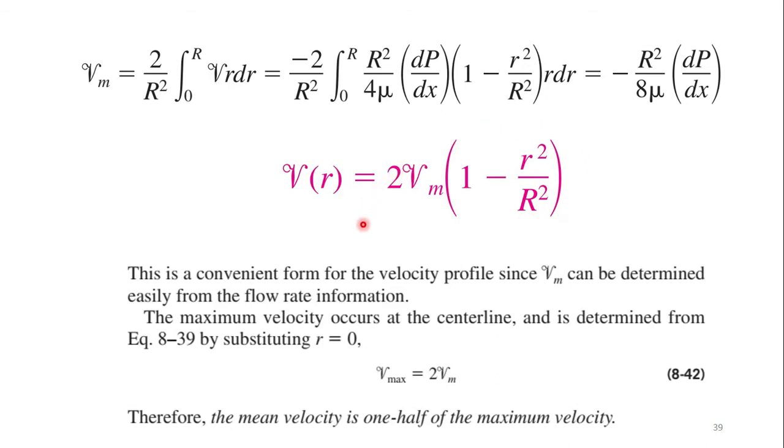So at the center line the velocity will be the maximum, and it will be equal to 2 times the mean velocity. Or simply, if you divide this 2 on the other side, you can say that the mean velocity is half of the maximum velocity.